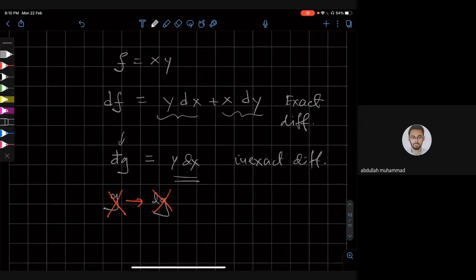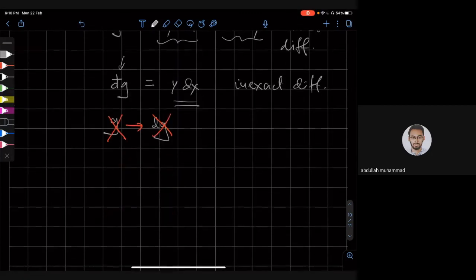And it's very easy to show that if you have an exact differential and you integrate it over some path, suppose the path is from 0,0 to 1,1, so we have the xy plane here.